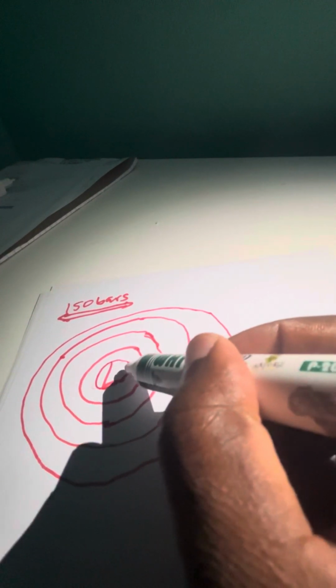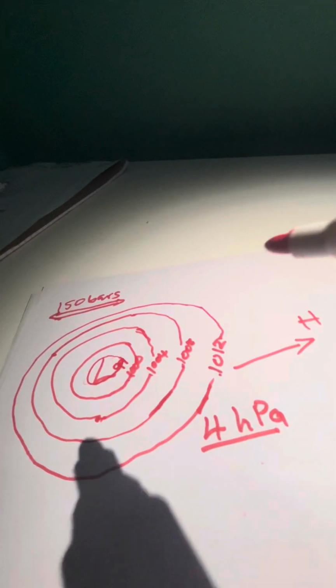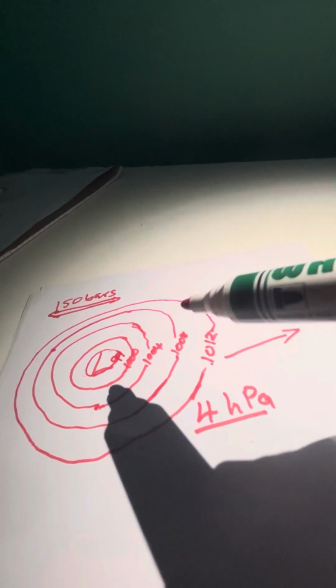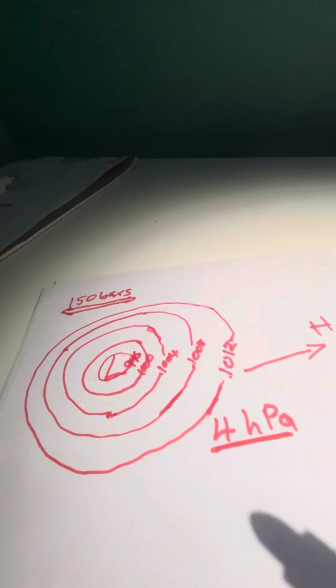And around this area, if you've got another isobar here, we can say it's 996, because remember the interval is 4 hectopascal. So 996 means that the pressure has been reduced.